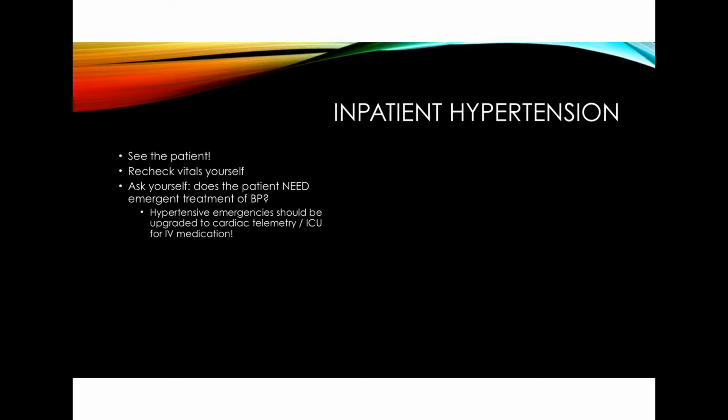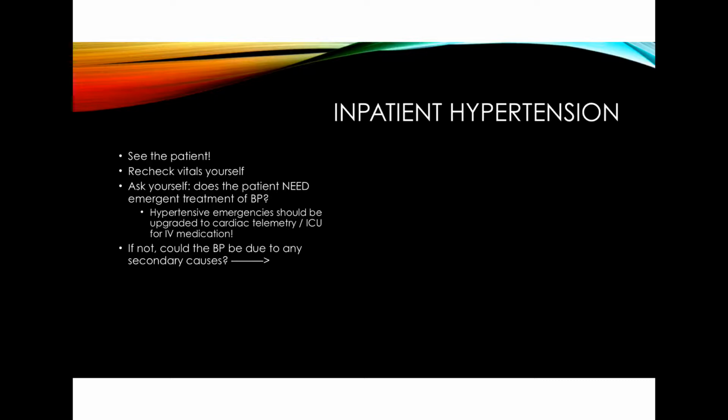Those patients who are deemed to have a hypertensive emergency should often be upgraded to a more monitored setting from the medical floor and generally started on IV medications. If the patient doesn't really need emergent treatment of their blood pressure, start thinking about secondary causes.